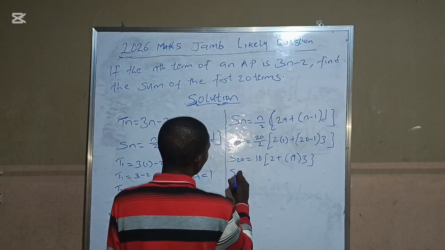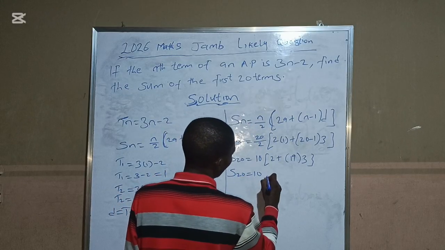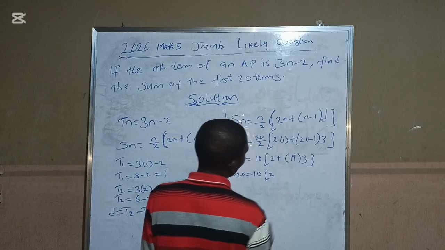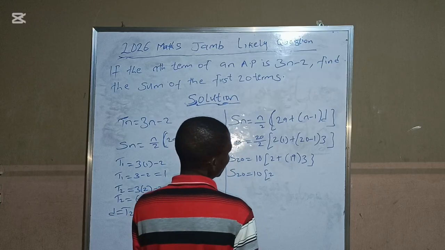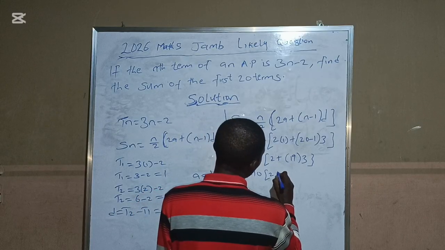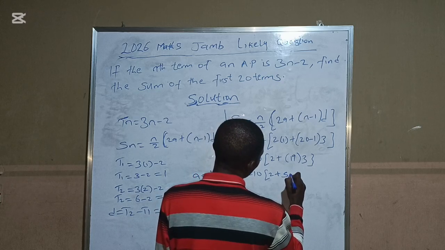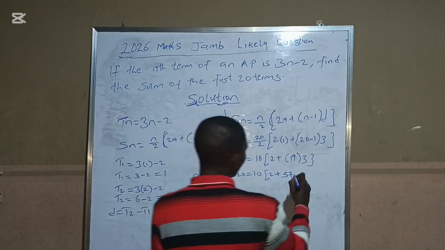Then S20 equals 10 in bracket 2 plus 19 times 3. 19 times 3 should be 57.